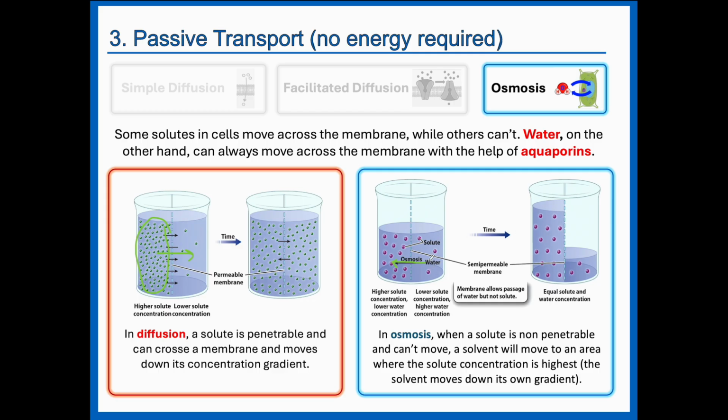Well, water is going to move out of your very diluted coffee into the region that's more concentrated, and it will change the volumes, right? The solvent moves down its gradient, right? I like to think of it as water moves towards the high concentration of solute to go and dilute it. Water's moving this way to go and dilute this very high concentration of solute that cannot go through the membrane.